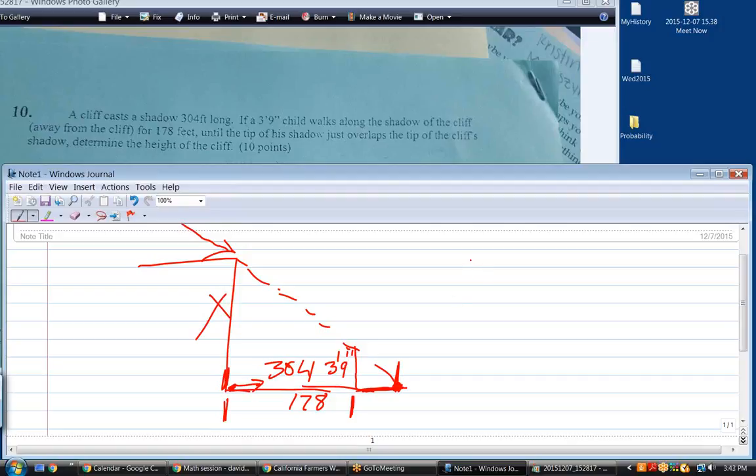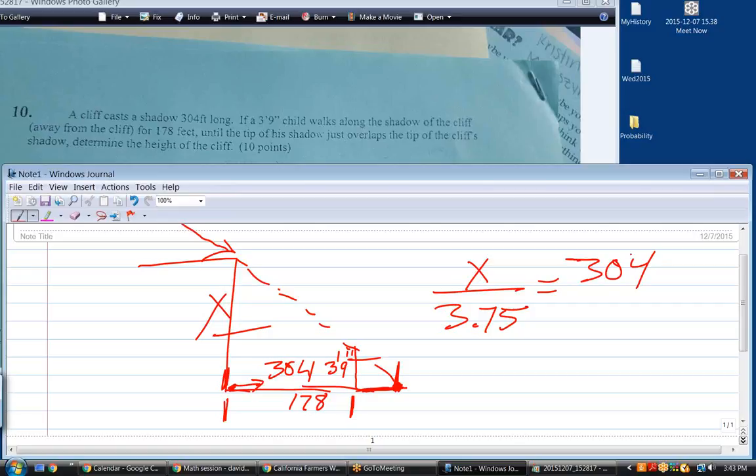So x is to 3 foot 9 inches, which is 3.75 feet. That's the ratio of that side to that side. What does that equal to? 304 to 178.